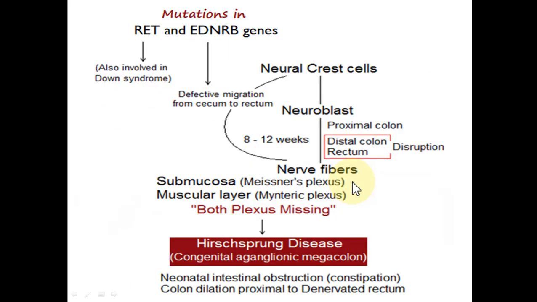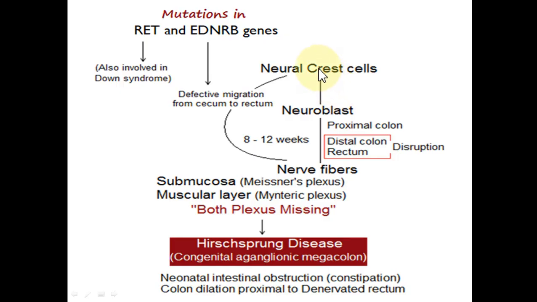Now, what happens in Hirschsprung disease? Normally in fetal life, during embryogenesis, there are cells known as the neural crest cells. These neural crest cells differentiate into different types of nerve cells located in the body, and some neural crest cells develop into differentiated neuroblasts.